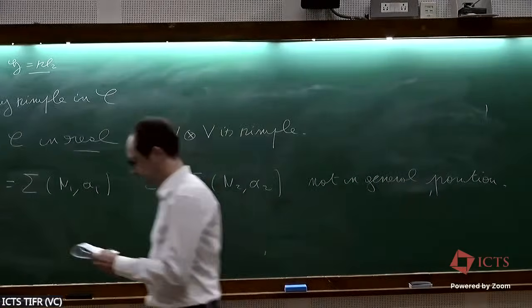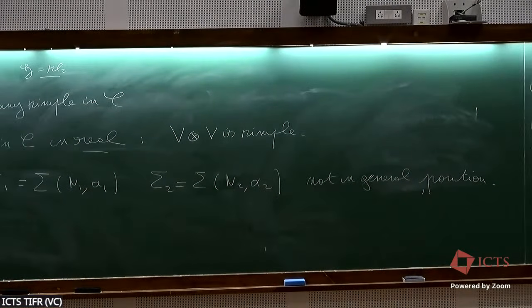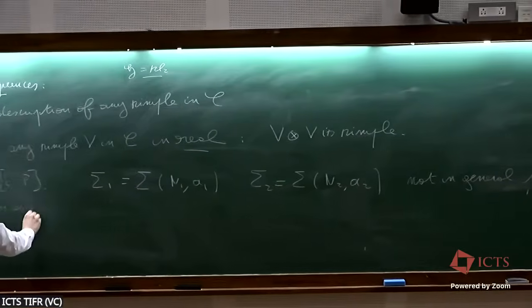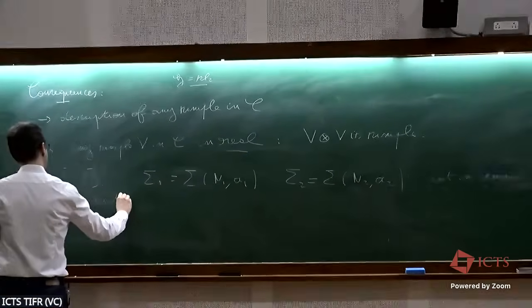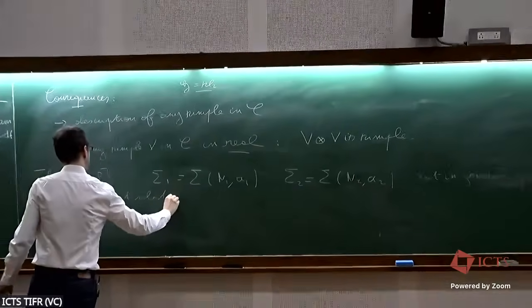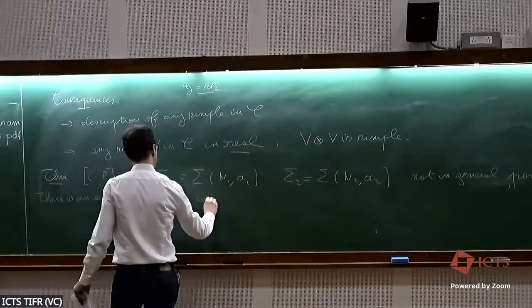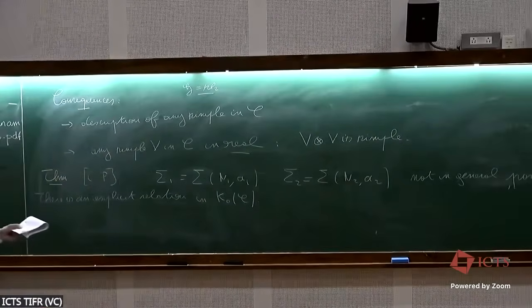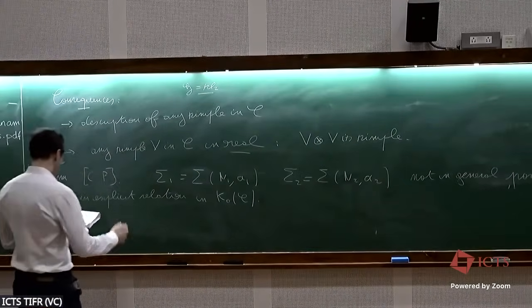Then there is an explicit relation in the Grothendieck ring of C, which is of the following form.